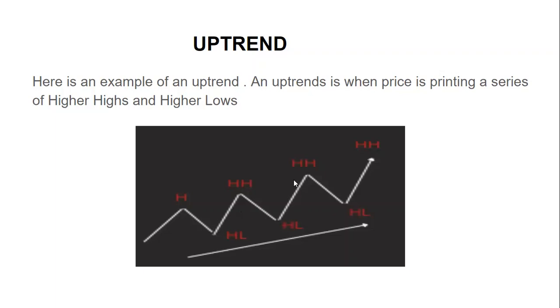So we have the higher low. The price went above this high, so we have another higher high again. We have the higher low, which means this low is higher than this one. Hope you get what I'm trying to say. So we have the higher high like that. This is a typical example of an uptrend. So you have to understand this.